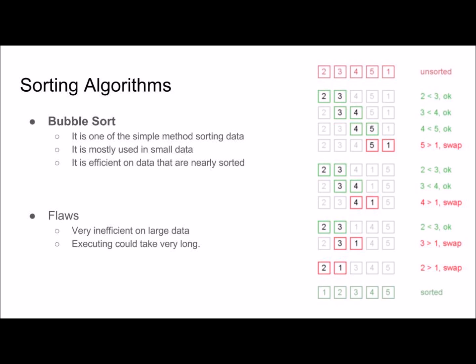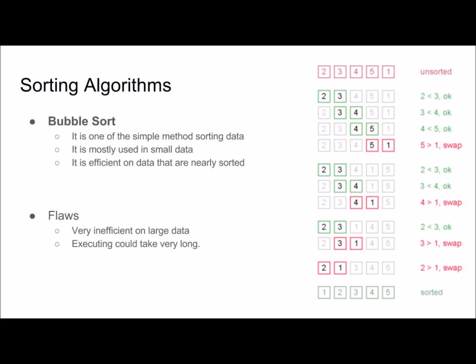It compares the first two elements, and if the first element is greater than the second, it swaps them. It then goes on doing this for each pair of adjacent elements till the end of the data set. Then the last element will be the largest. The process is repeated until no swaps are needed, which indicates that the list is sorted.